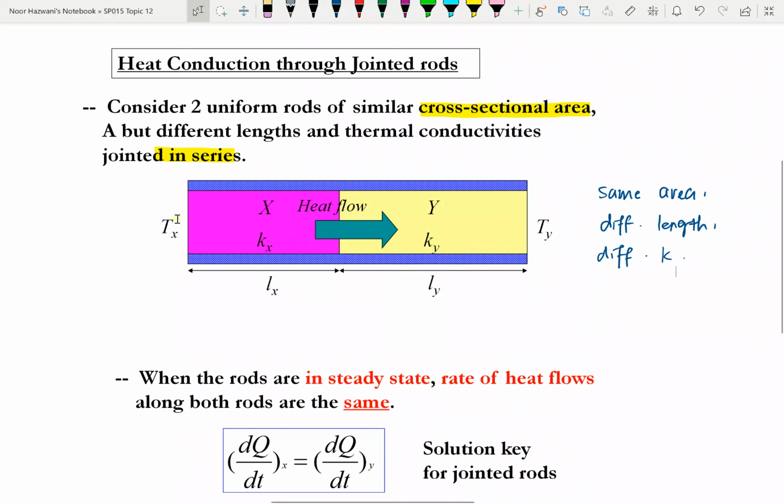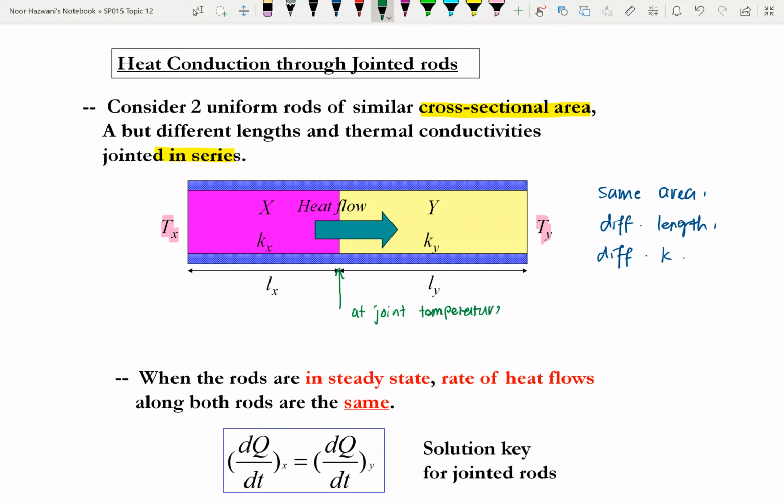Okay, so sekarang hujung sebelah kiri kita ada TX, dan hujung sebelah kanan kita ada TY. Okay, at the joint di antara boundary rod X dan rod Y dekat sini, ini kita panggil sebagai at joint temperature.